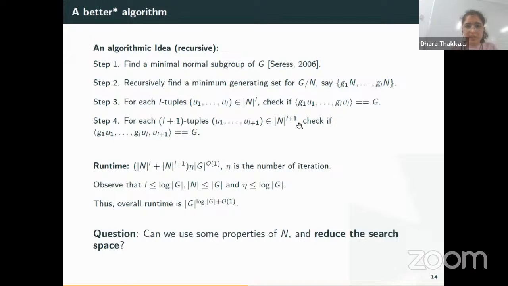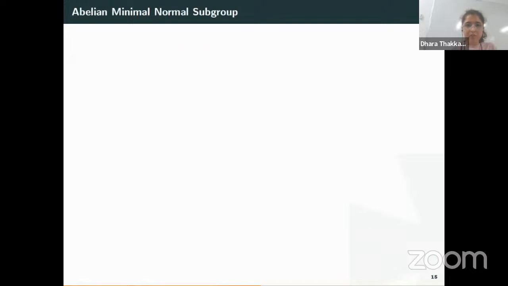Now suppose that in this algorithm, this N, the minimal normal subgroup, is abelian. Then in this case, the answer is already there in the literature.